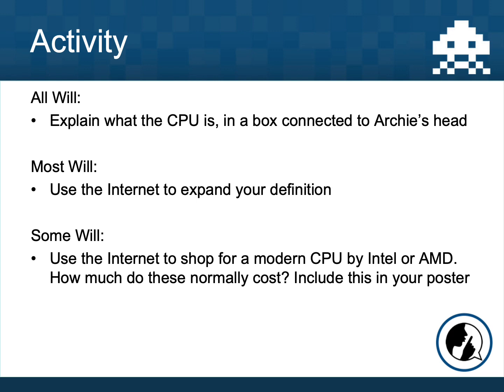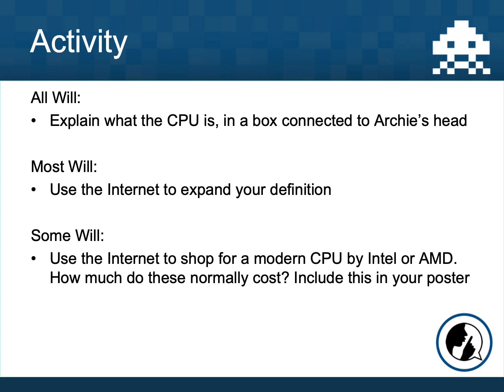I'd like you to pause the video at this point, and I'd like you to label Archie's head, so label a text box or a box in your book coming off of Archie's head, and in that explain what the CPU is. Now to do that, you'll look at the previous slide. You might also want to jump onto the internet to expand your definition. If you go onto BBC Bitesize, you'll find a page that says what is the CPU, and you'll get that in a lot more detail than we've just looked at.